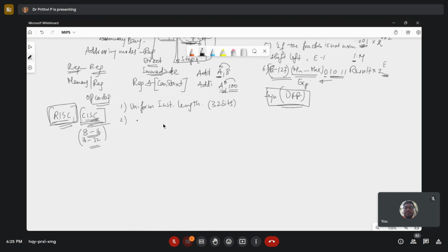And here the formats of instructions are very few. This is one more advantage you have.